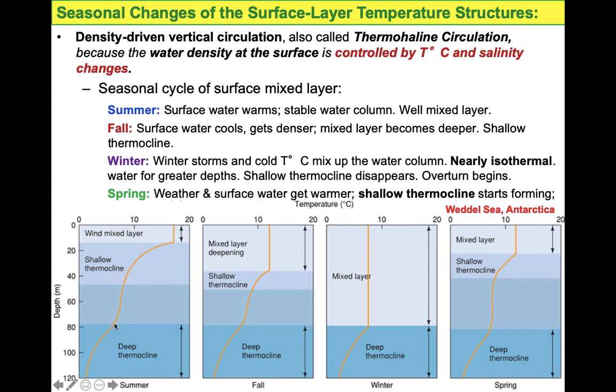And then you get into about 100 meters or so, you see water temperatures again changing, not quite as dramatically as a shallow thermocline, but very steady state cooling taking place. So this is the deep thermocline in the summertime in the southern polar ocean system.